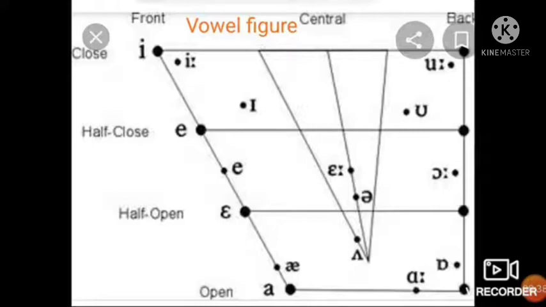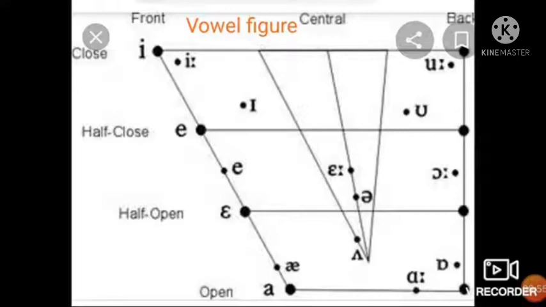Then third, front unrounded vowel between half close and half open. Then front unrounded vowel just below the half open position.